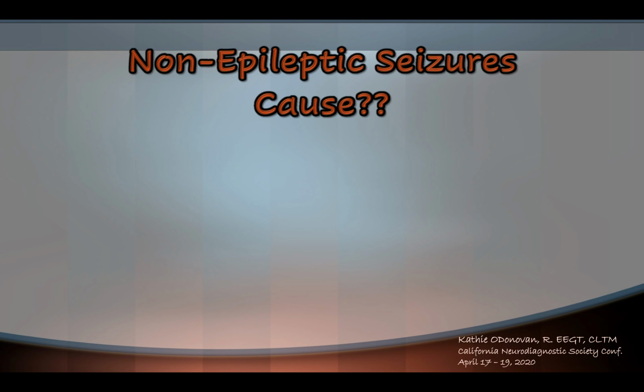It's not because they have a chronic problem with the electricity in their brain going haywire and causing a seizure because they've got a tumor, or they just have irritated tissue or whatever. There are other reasons, because of another problem, that are not going to respond to AEDs. Let's look at some of those.